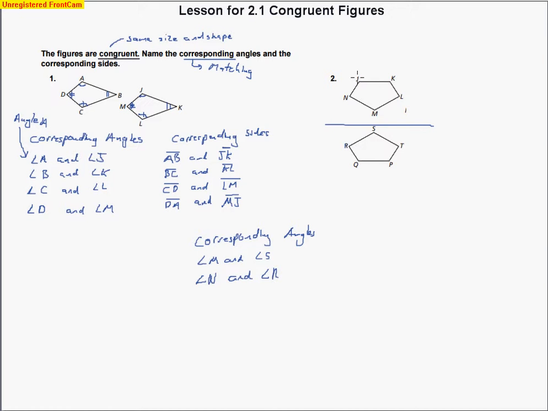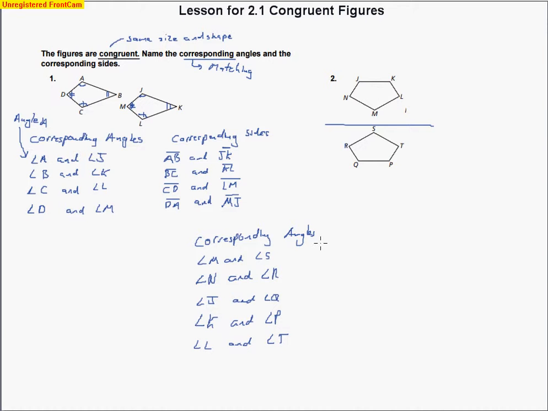And then if I look at J, J would go to Q. So angle J and angle Q. And then over here, K to P, so angle K and angle P. And over here, L and T, so angle L and angle T.